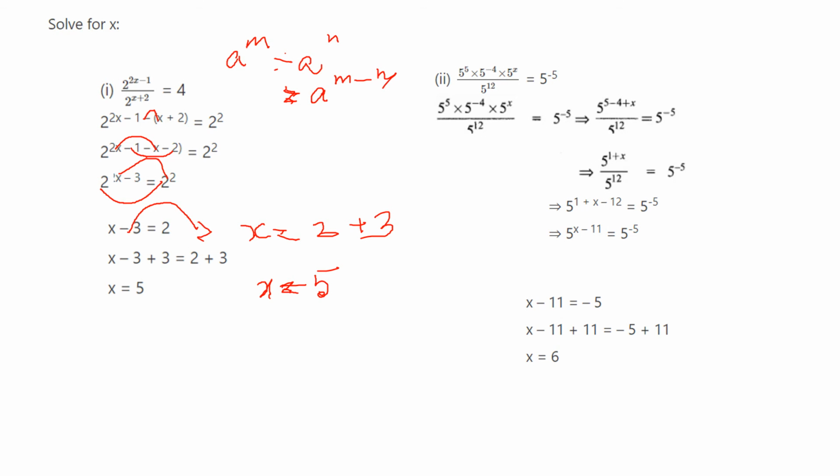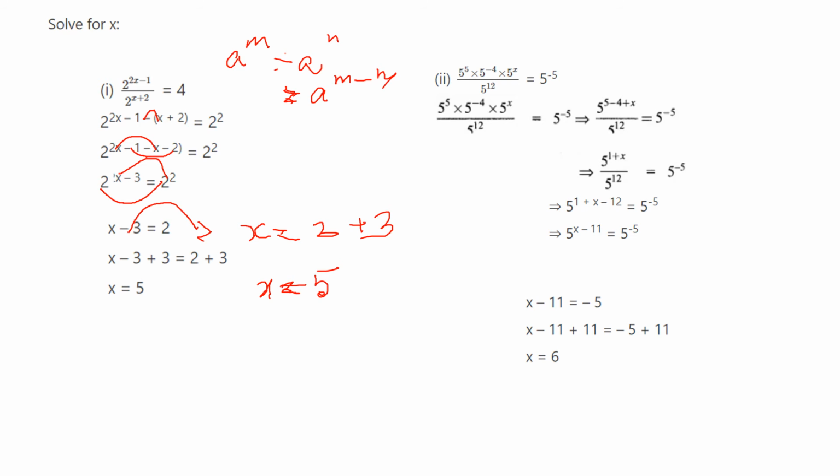Okay, next: 5 to the power 5 into 5 to the power minus 4 into 5 to the power x by 5 to the power 12 equal to 5 to the power minus 5. So first we can write it, here all a power m into a power n equal to a power m plus n, only that formula.